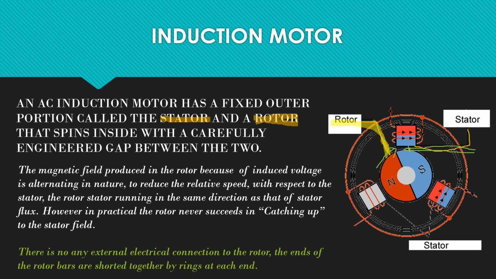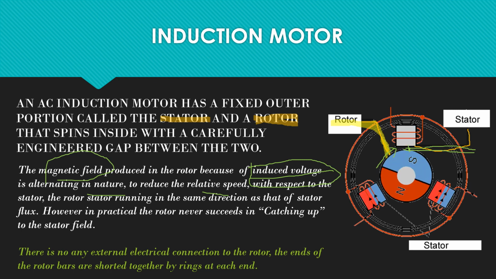Now it is moving freely, right? So how does it rotate? A magnetic field is produced in the rotor because of induced voltage. Because of the induced voltage, a magnetic field is generated in an alternating nature to reduce the relative speed with respect to the stator, the rotor running in the same direction as that of the stator flux.